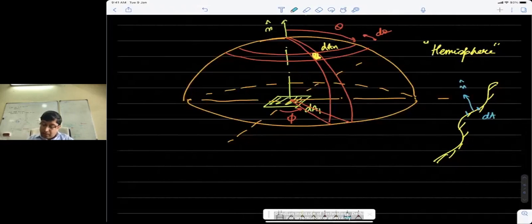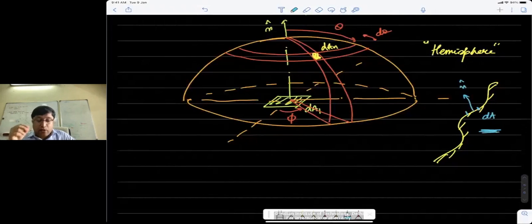So anything on this side of this body is actually internal to the body, so that is not radiating any energy. So we are going to be looking at radiation leaving this body, and that only can happen in one direction, so in one half of the sphere, which is the hemisphere.